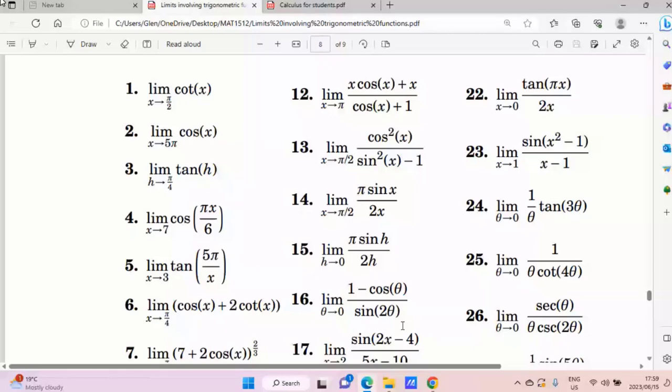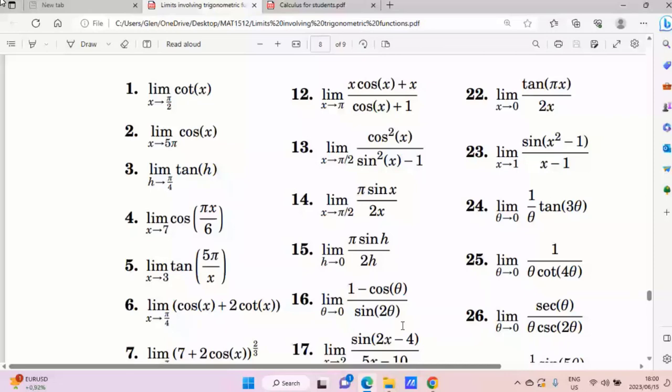Yes, sir. Okay. Tando, what did you get? I got positive 2. Yes. Thank you. Kogenzo, what did you get, brother? Okay, I'm going to give you the answer with the special angle, which is 1 over root 2 plus 2.